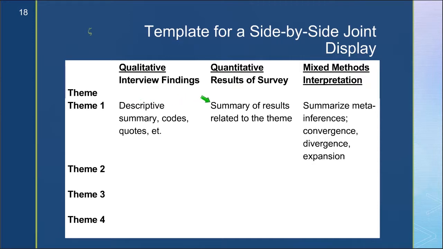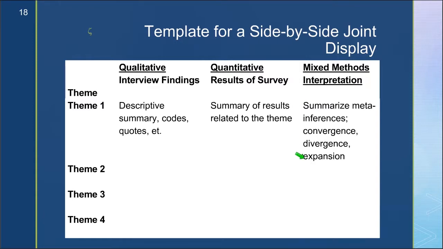In this quantitative column then, in these cells, it could be a summary of results related to the theme. It could be a statistical copy if we have that to share. And then in the interpretation, and this is what's really important, this is where we're discussing what we learn by integrating. So we might summarize things like meta inferences, whether our quantitative and qualitative converged, agreed with one another, or disagreed with one another, or this idea of expansion.